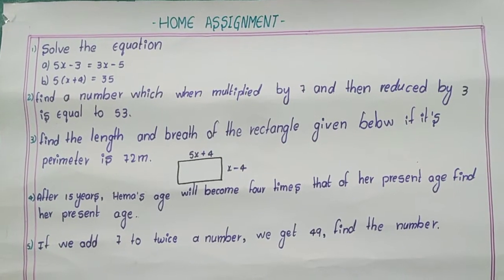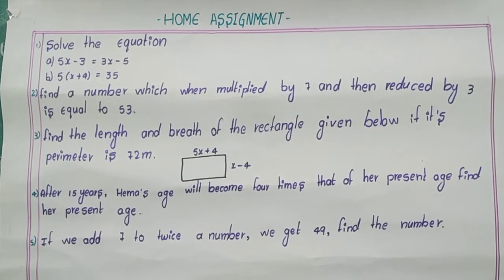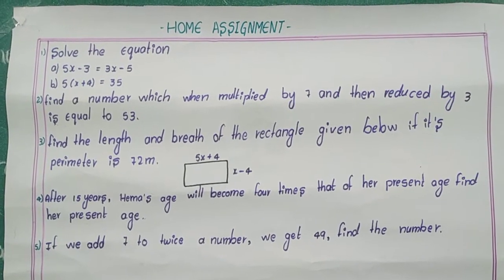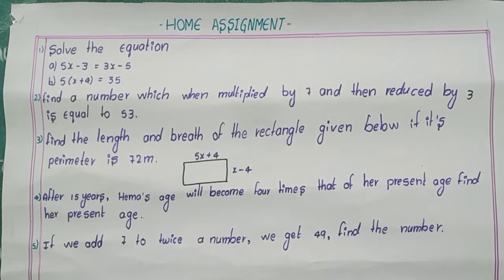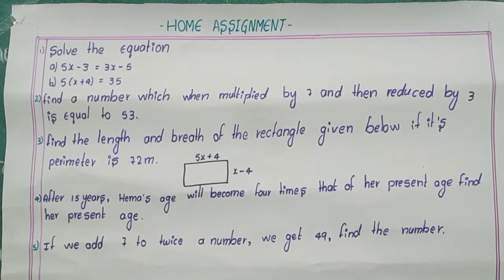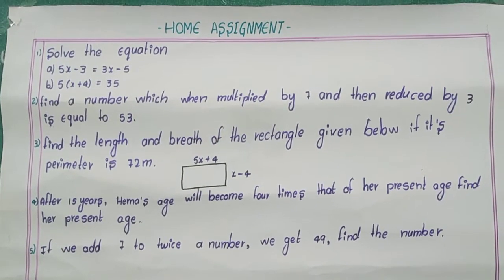Find her present age. Fifth problem, if we add 7 to twice a number, we get 49. Find the number.